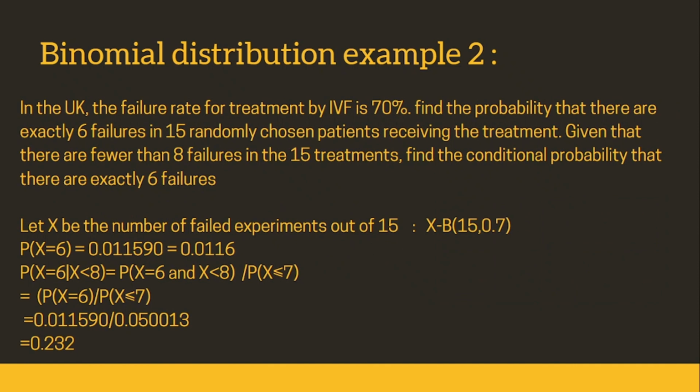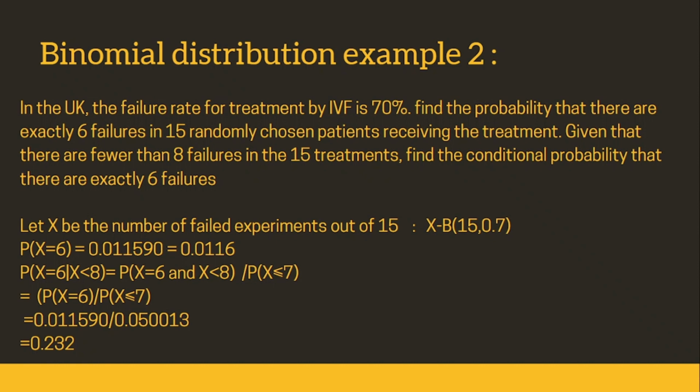Here's another example. In the UK, the failure rate for treatment by IVF is 70%. Find the probability that there are exactly 6 failures in 15 randomly chosen patients receiving the treatment. And given that there are fewer than 8 failures in the 15 treatments, find the conditional probability that there are exactly 6 failures. So we know that the n value, or the number of samples, will be 15.